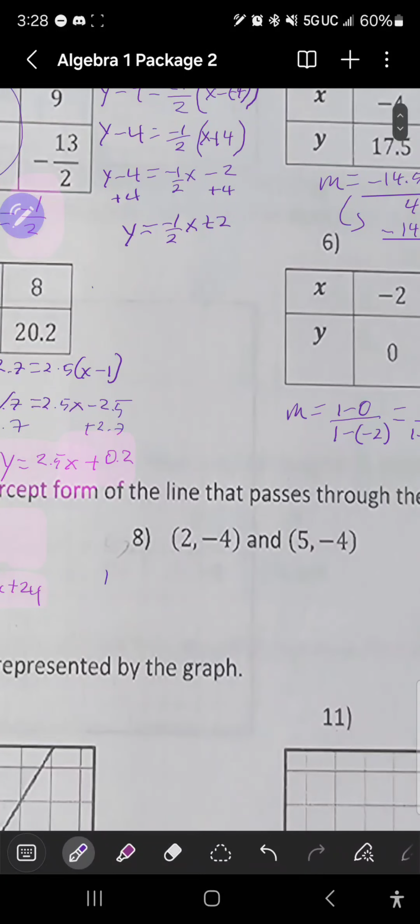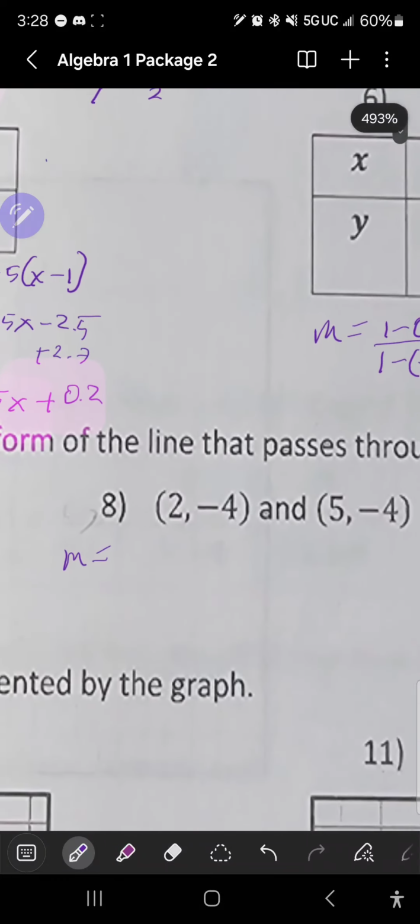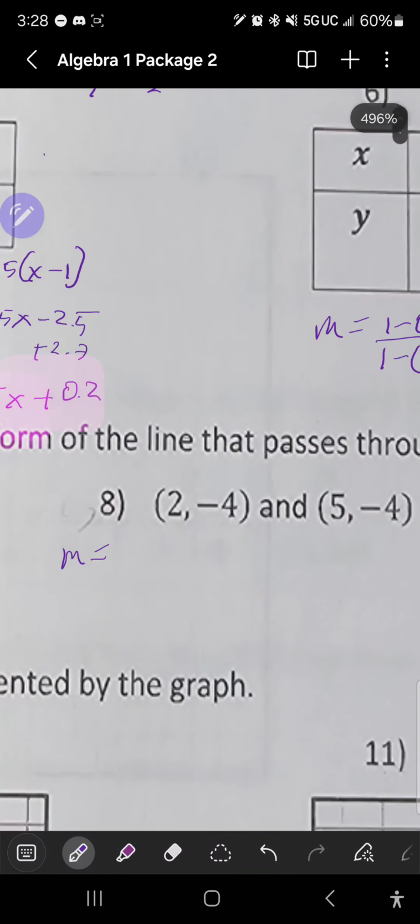I'm going to say m equals negative 4 minus negative 4, over 5 minus 2.